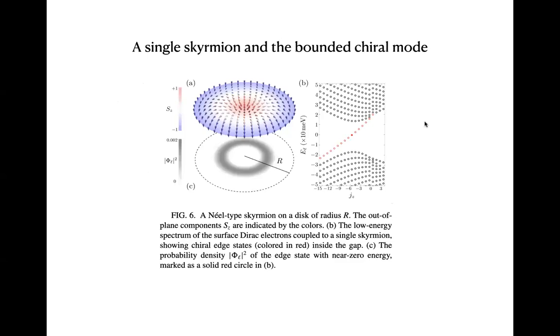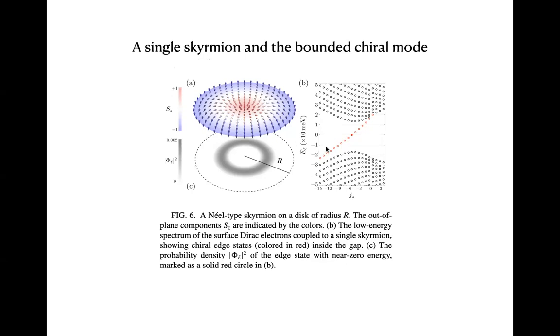Now we turn to skyrmions, and the skyrmion we have is a Néel skyrmion, where the spin configuration tilts from north pole to south pole without using the other dimension. So we consider a single Néel skyrmion coupled to a Dirac fermion.